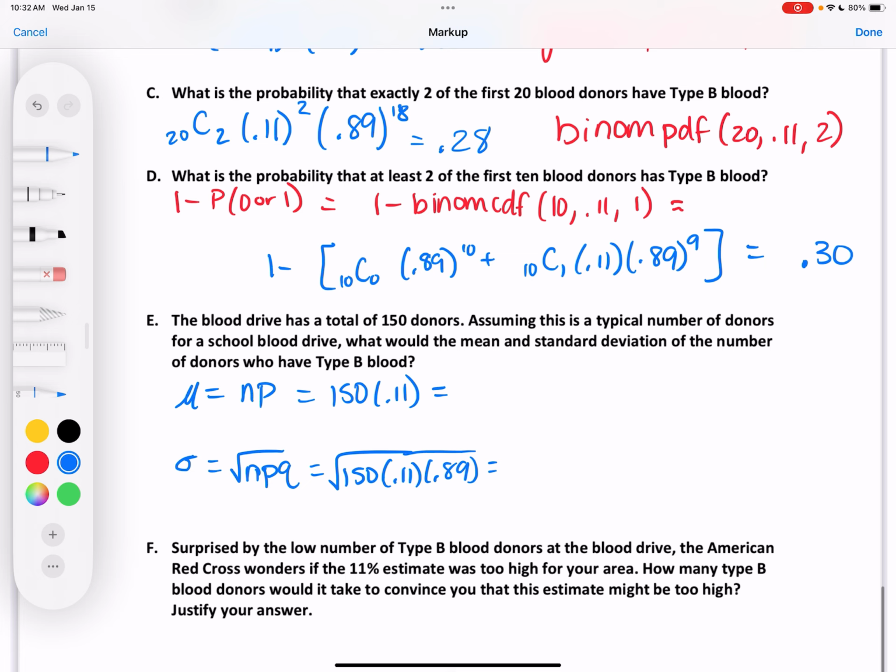So 150 times 0.11 is 16.5 people with type B. The standard deviation is 3.83 people with type B.